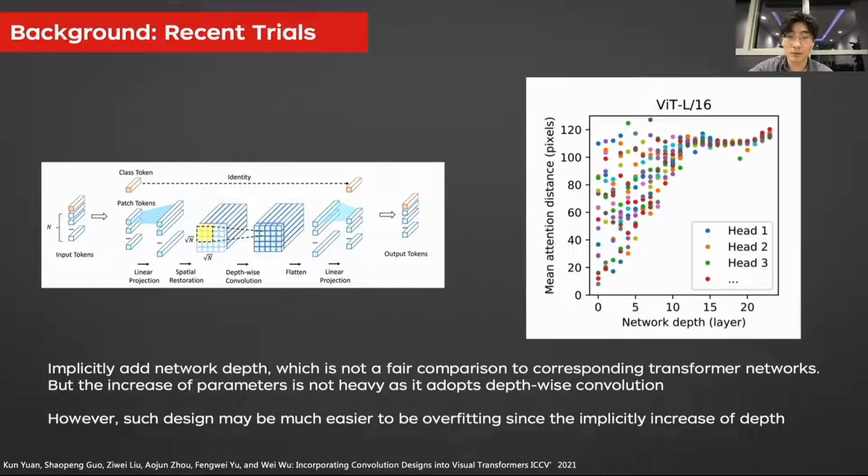Such complementarity is expected as the transformer is good at modeling long-range dependency, while convolution is good at modeling short-range dependency.